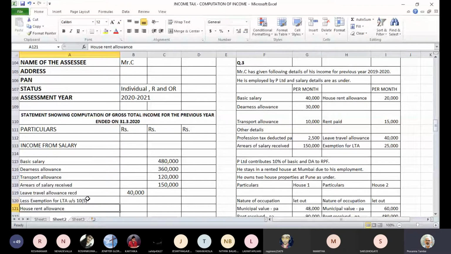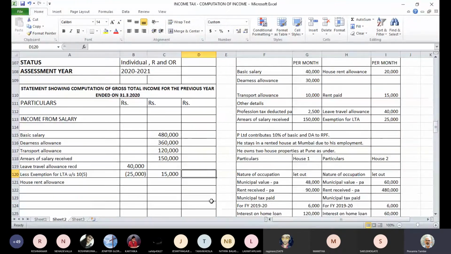Under 10(5), we can claim the exemption for LTA. The exemption is readily given, so we don't have to bother about calculation or exemption-related conditions, etc. So the taxable component is only 15,000.